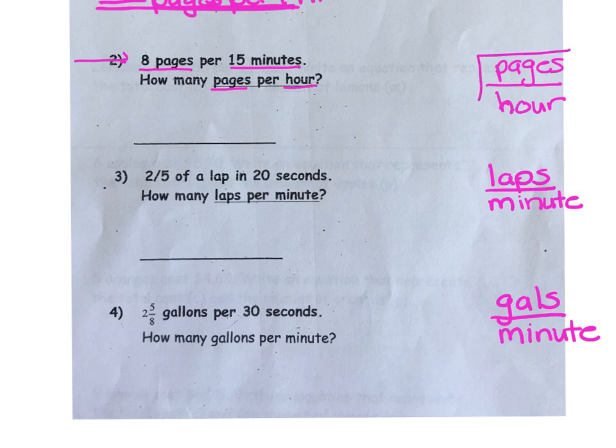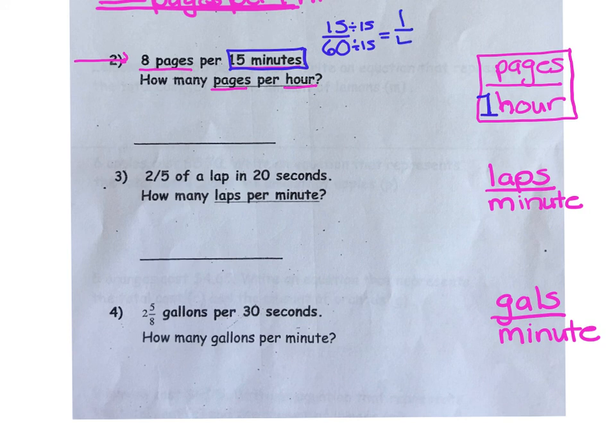Well, we obviously don't have label agreement, but we want to know how many pages can be read in 1 hour. We're going to have to convert 15 minutes to an hour. 15 out of 60 can be reduced down to 1/4 of an hour.